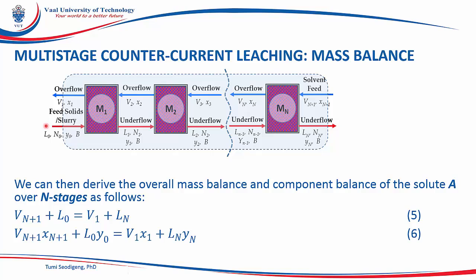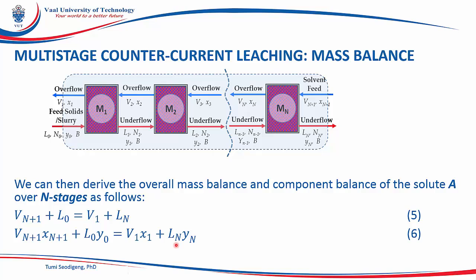For the slurry feed, it will be the solution in the slurry feed multiplied by the concentration of the solute in the slurry feed. For the overflow, which is now the product stream, it will be the mass flow of the overflow multiplied by the mass fraction or the concentration of the solute in the overflow stream.